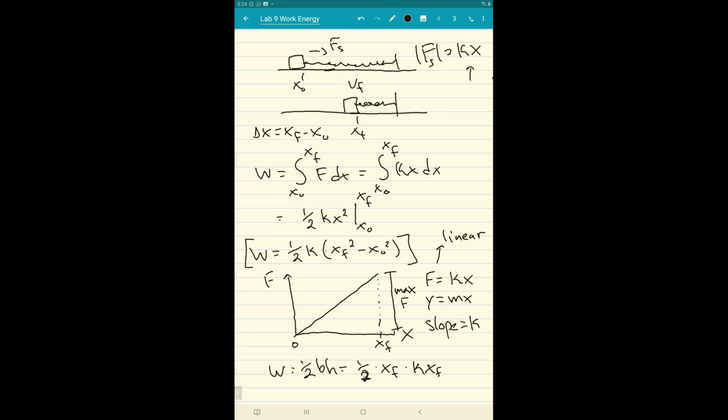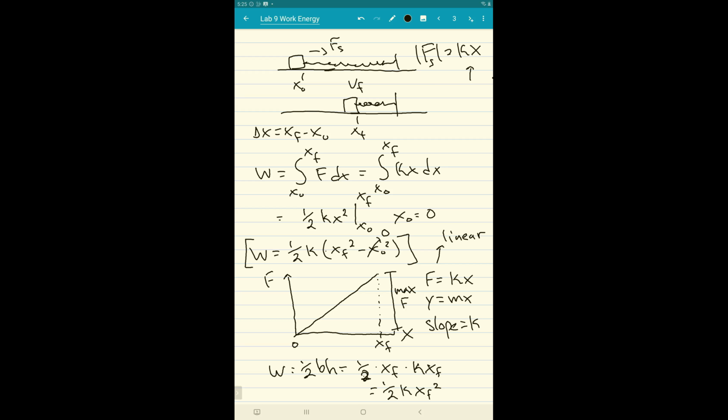So then again, it just becomes 1/2 k times my x final squared. And you can see here that my x naught is equal to 0. So when I did this formulation up here, this thing goes to 0 and it's really just 1/2 k x final squared again. That's because I started at position 0, where it starts from. So that's the idea.